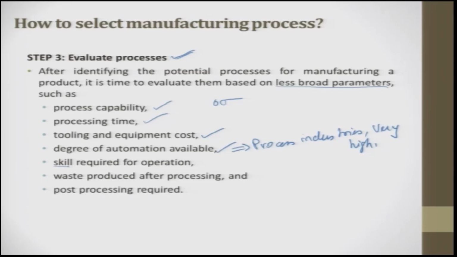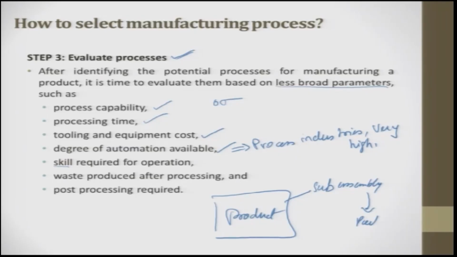Today industries have gone to a level where, for example, you have a product, it has subassemblies, and from these subassemblies it has parts. Almost all the parts are nowadays given for subcontract. And now sub-assemblies are also given for subcontract.